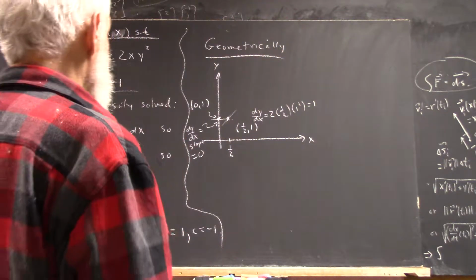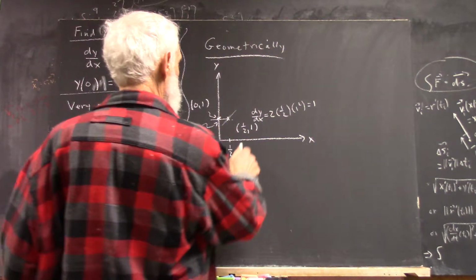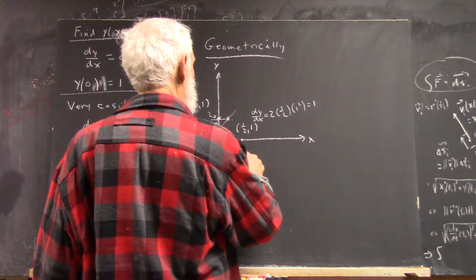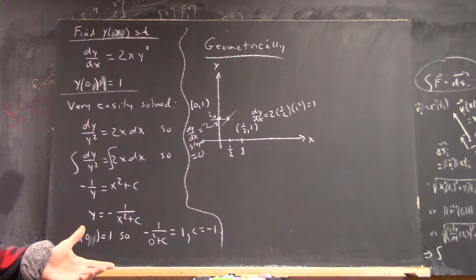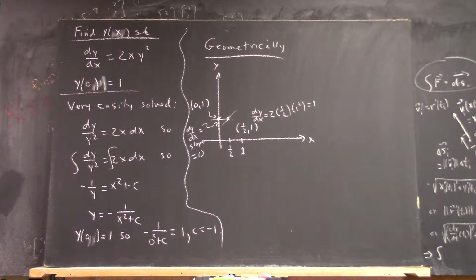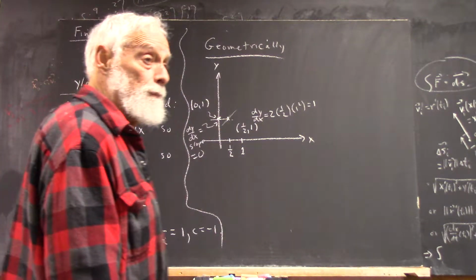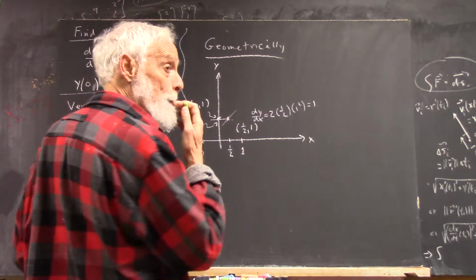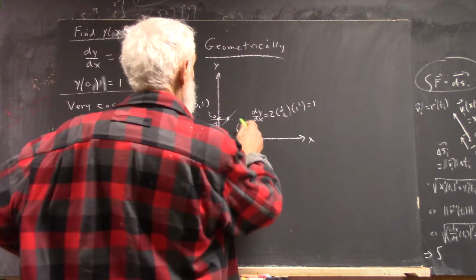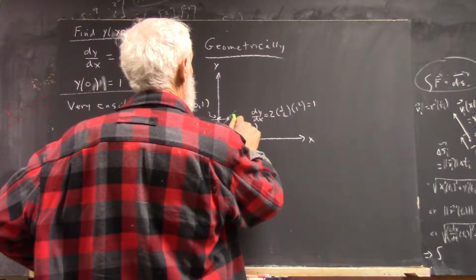So if we follow this slope until we get out to x equals 1, what's the coordinate going to be? 1, 3/2. Yeah. We have a slope of 1.